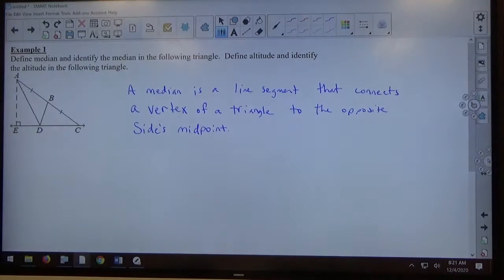That's what a median does. It's a line segment that goes from the vertex of a triangle to the opposite side's midpoint. Go ahead and copy that down real quick.